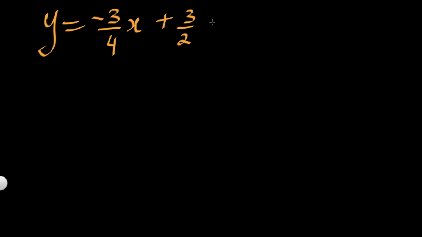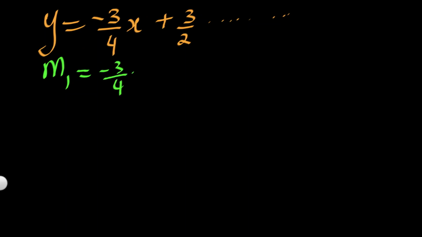I have y equals minus 3 over 4 x plus 3 over 2. This is the equation that I have, and we know that it's perpendicular to our unknown line. Then from here, we can know our m1. So m1 is already here. It's minus 3 over 4.